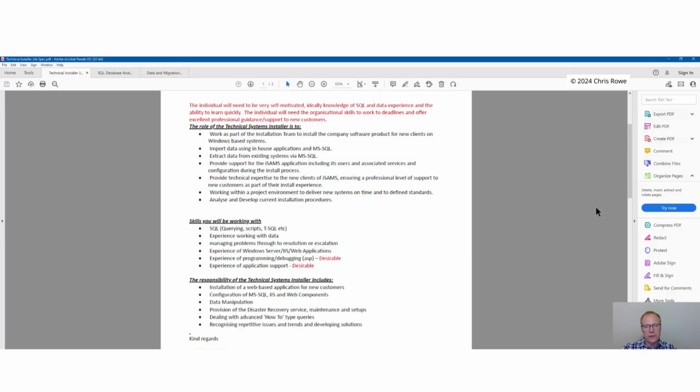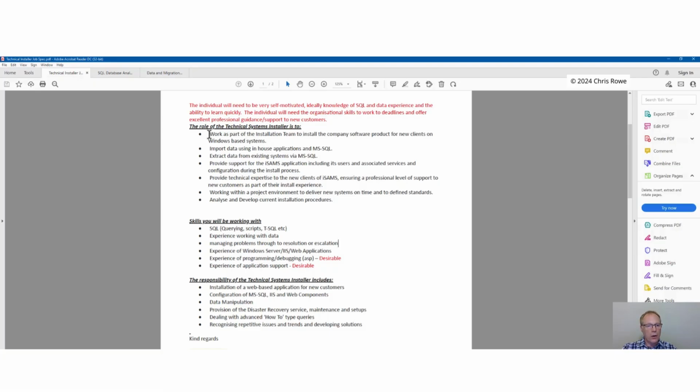Now obviously that doesn't sound very database related, but when I did a search, SQL came up for this role: querying scripts, Transact SQL, experience working with data, and so on. So this role did pop up, it was in my local area, so I decided to have a look at it and go for it.